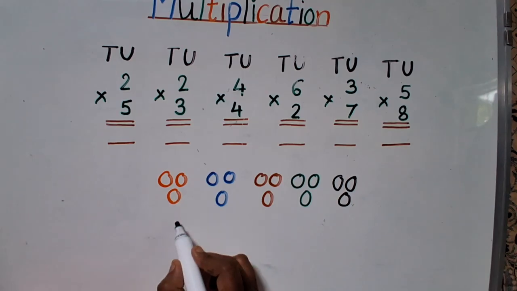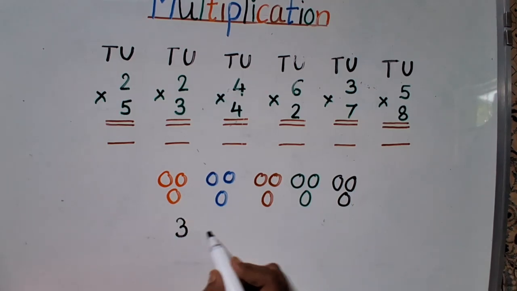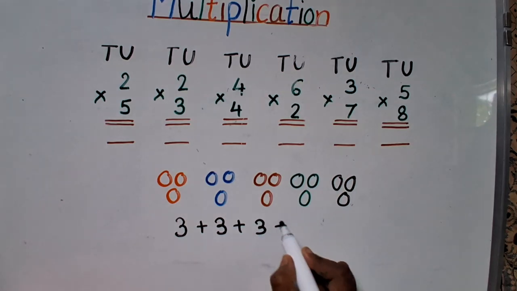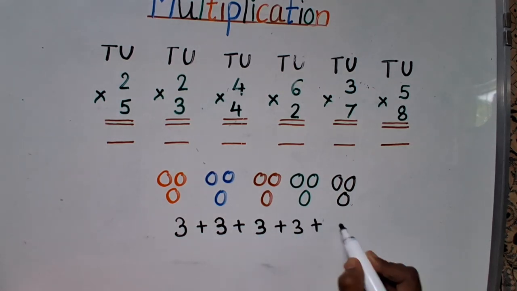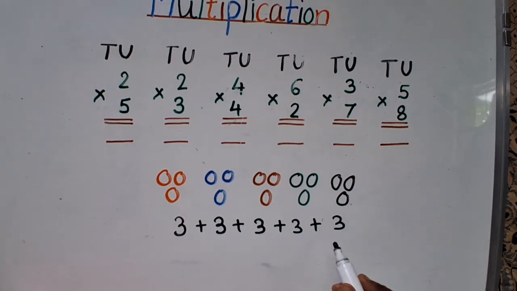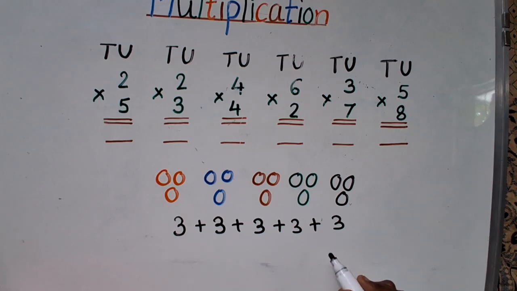Like, see, 3 balls in each group, so 3 plus 3 plus 3 plus 3. Adding 3 again and again is very time consuming. So we learn multiplication today.